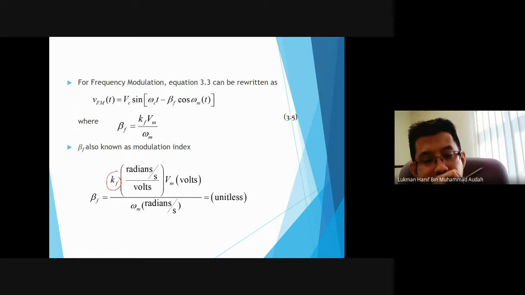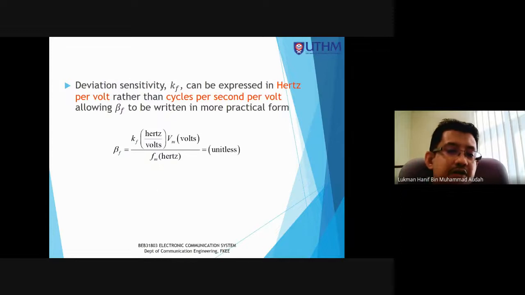Kf can be in terms of radian per second per volt, or Kf can also be in hertz per volt.